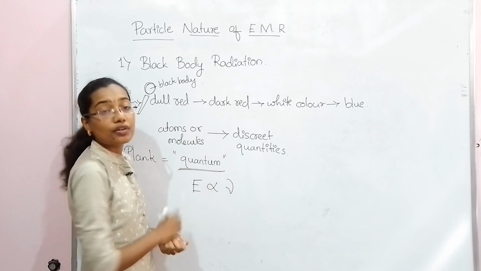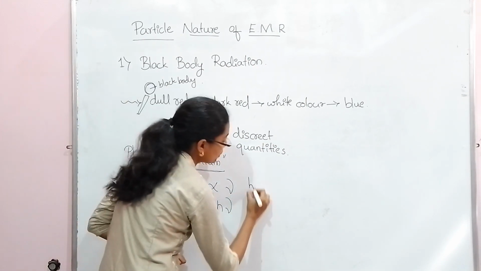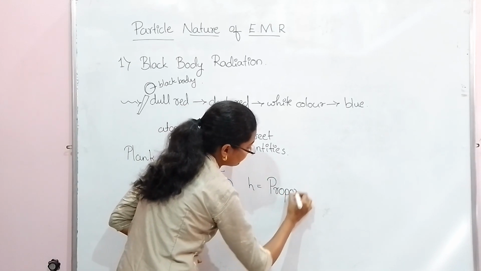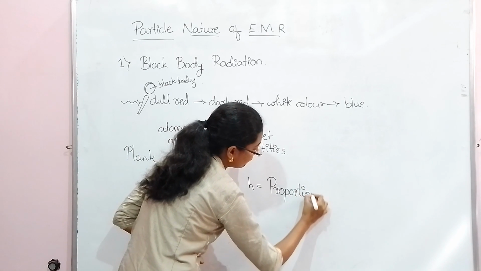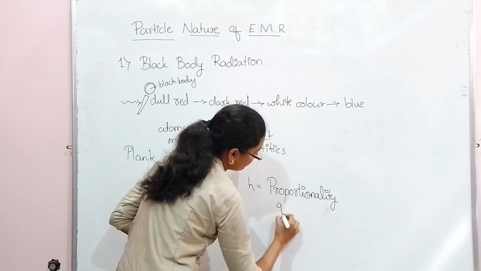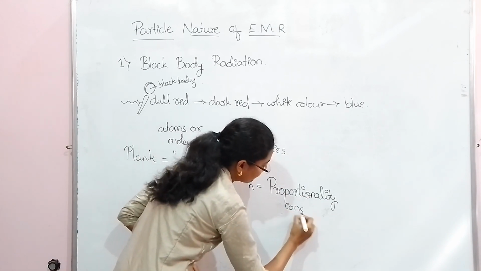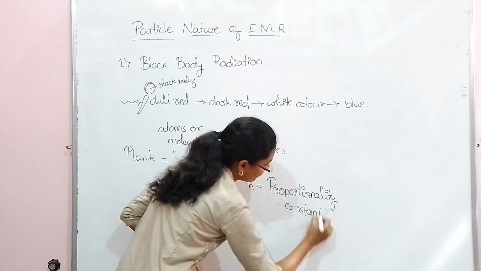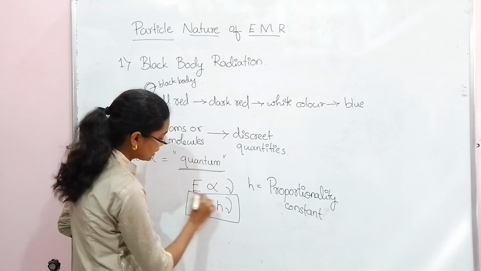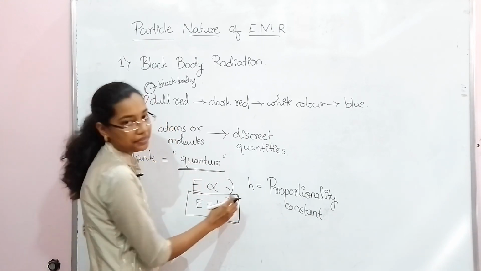This is the symbol for frequency. So what is this h? h is the proportionality constant. So E = hν is the relation between energy and frequency.